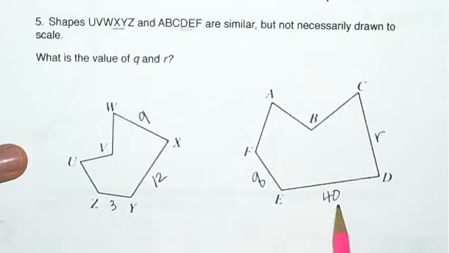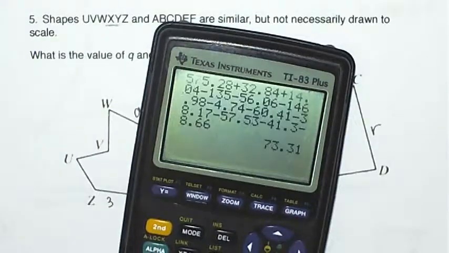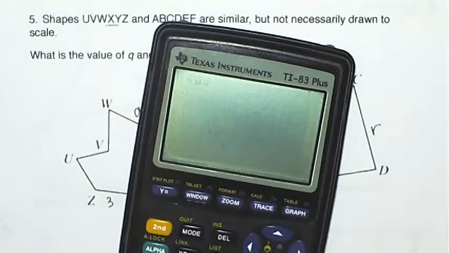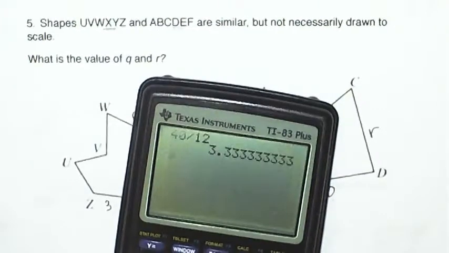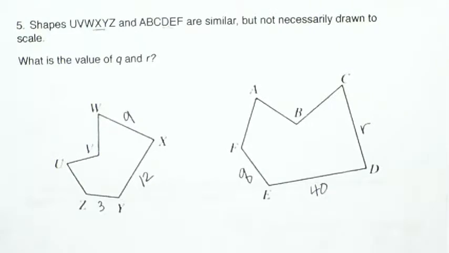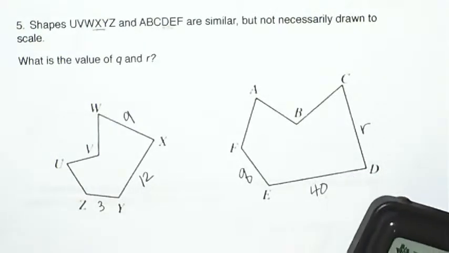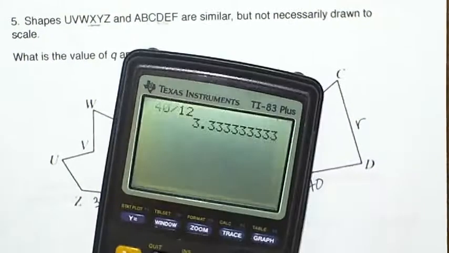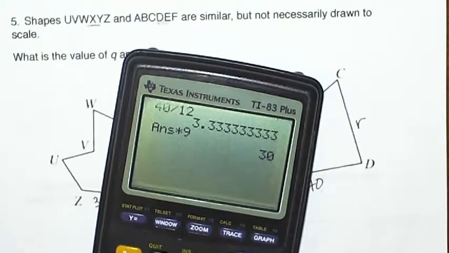So some of you will just do 40 divided by 12 to get the scale factor, which is 3.3 repeating. And then now this is going to be a little bit tricky because if you do 9 times that, well, mine rounded off to 30.